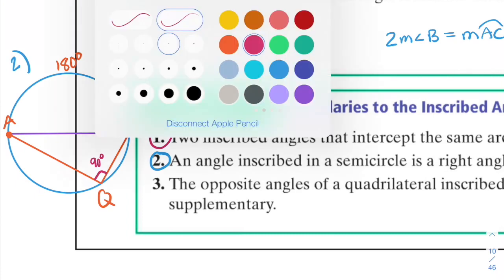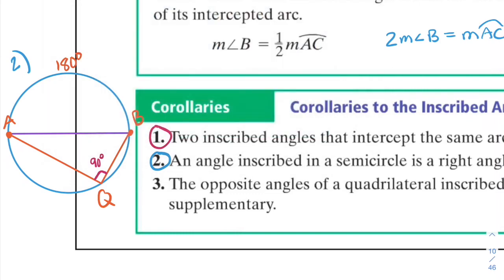So let me do another one. I'll draw in ALB. Here's L. L will also be a 90-degree angle. So it doesn't matter where along the circle that happens. If it's a semicircle, then you'll have that right angle because 180, half of that is 90.